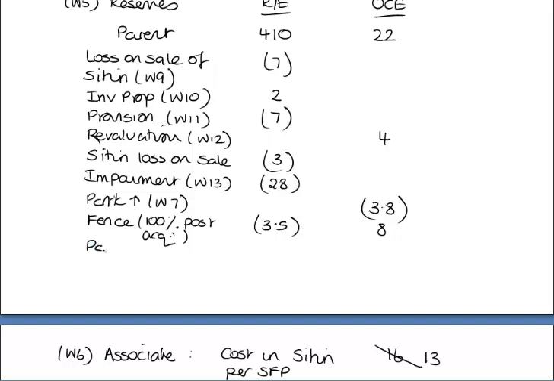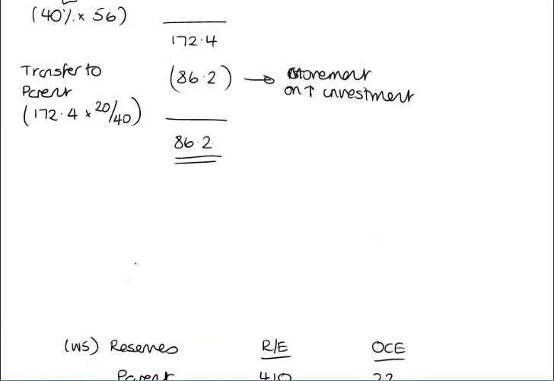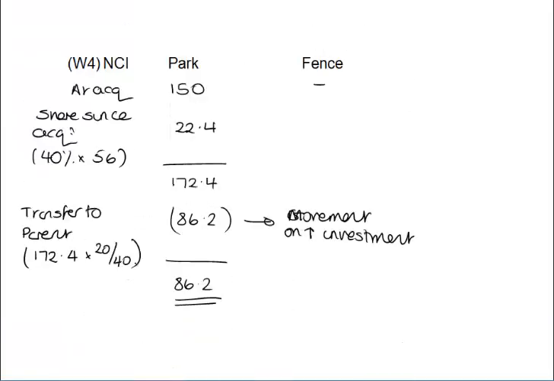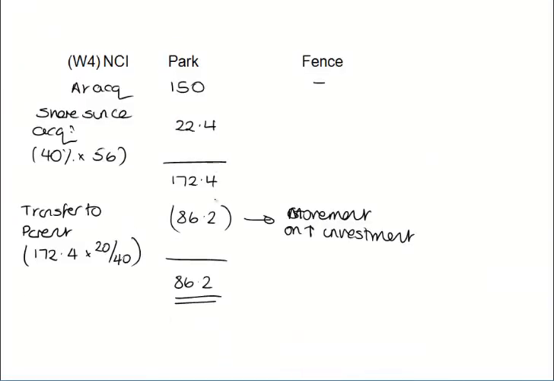We've also got to deal with Park post acquisition. And the group has 60% because the NCI had 40%. 60% of what? It's 4 for OCE and 52 for retained earnings.